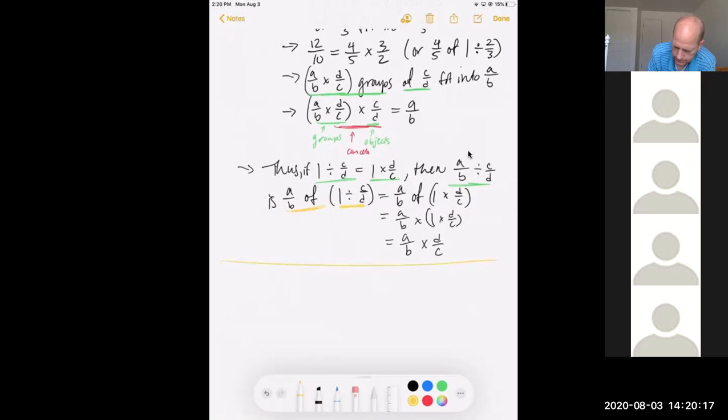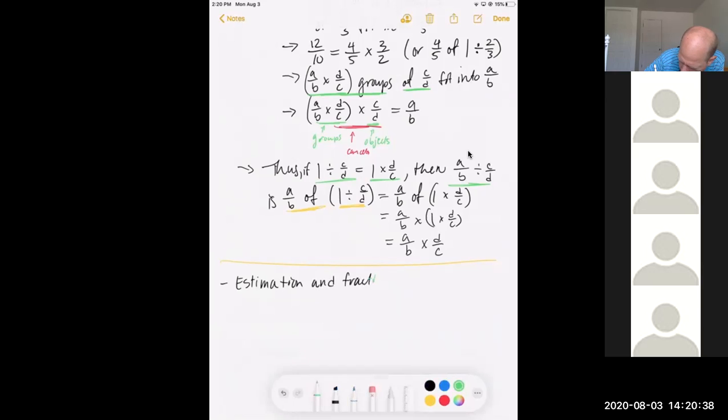Okay. Now we got to move on to other types of homework problems. I want to finish up in 20 minutes, so here we go. Estimation and fraction division.